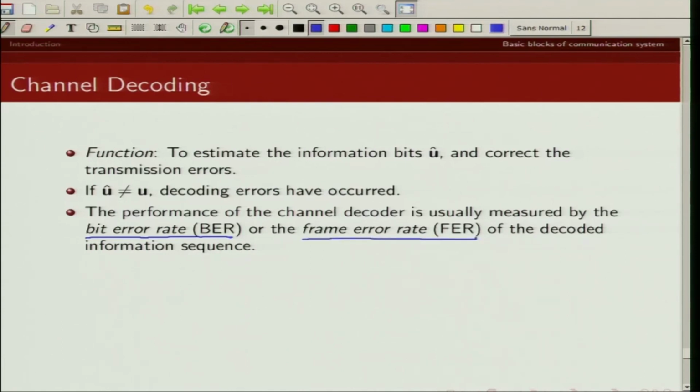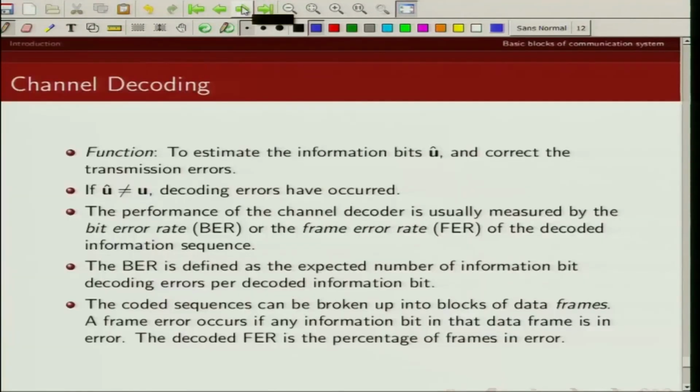Bit error rate is essentially the fraction of transmitted bits that are in error, so the number of errors divided by the number of bits that we have transmitted is your bit error rate. And a frame is a block of data. So if there is any error in a block of data, we say that the frame is in error. The number of blocks which are in error divided by the number of blocks that you are transmitting will give you the frame error rate.